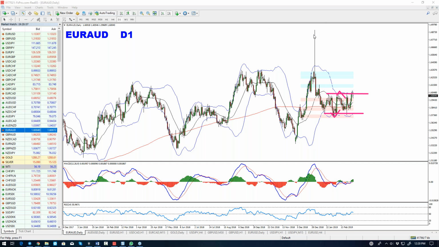Now, after the first move down, we can be exposed to two corrective cycles, two waves, or a range, right? Both scenarios are still possible here.